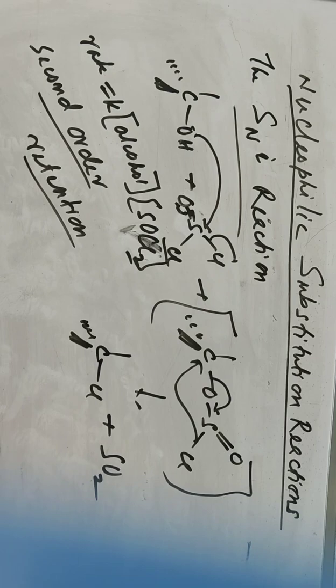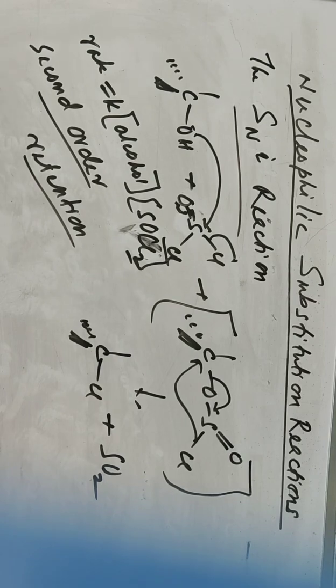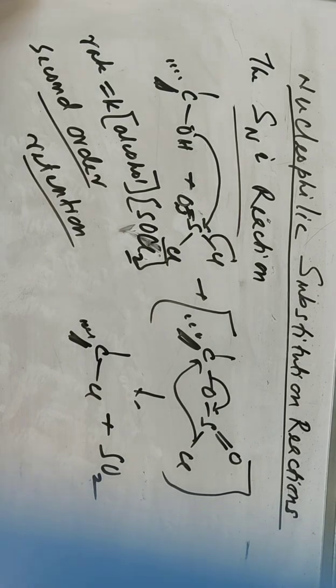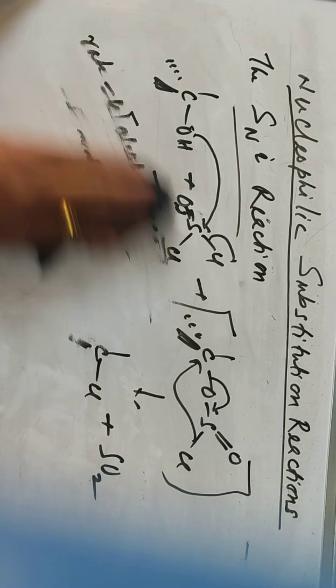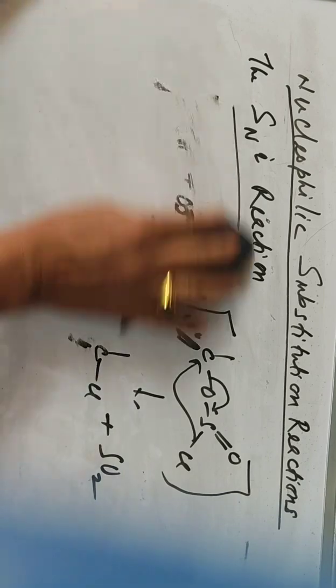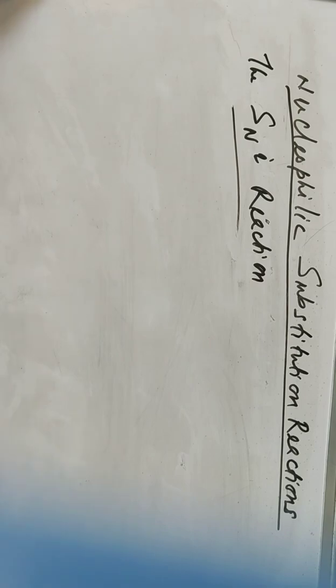Another important reaction: when the alcohol reaction takes place in the presence of pyridine as a base, then the reaction takes place with inversion of configuration. So in another way, the reaction of alcohol with thionyl chloride, if it takes place in the presence of pyridine or a base, then inversion of configuration takes place.